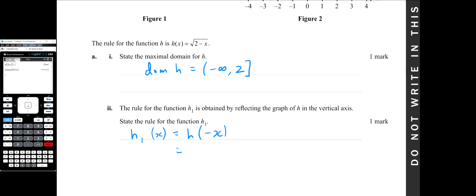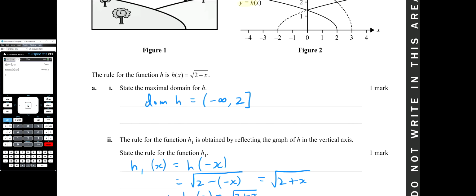So h1 of x is equal to the square root of 2 minus negative x, which is equal to the square root of 2 plus x. So h1 of x equals square root of 2 plus x. That's what they'd like. That is the rule for the function h1 of x. Okay, cool.